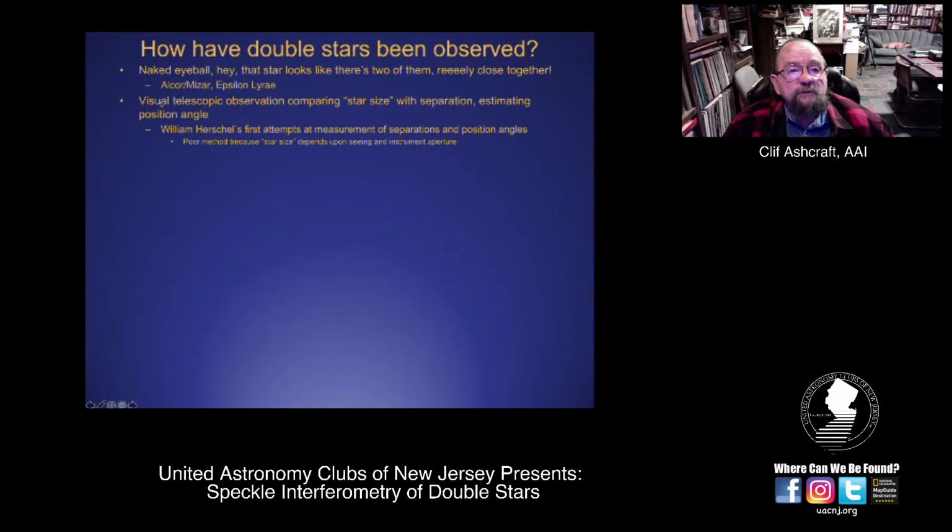Also, visual telescope observation comparing the star size with the separation and estimates of the position angle. William Herschel's first attempts at measurements of separation and position angles were based on this method. It's very poor because the star size depends upon seeing and the aperture of the instrument and how well it was made.